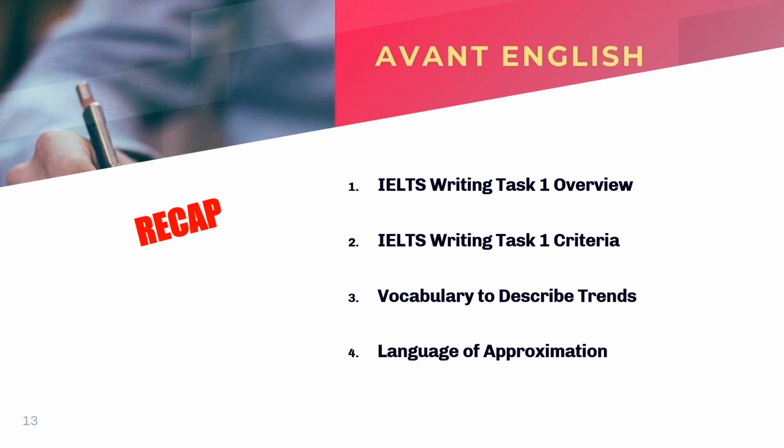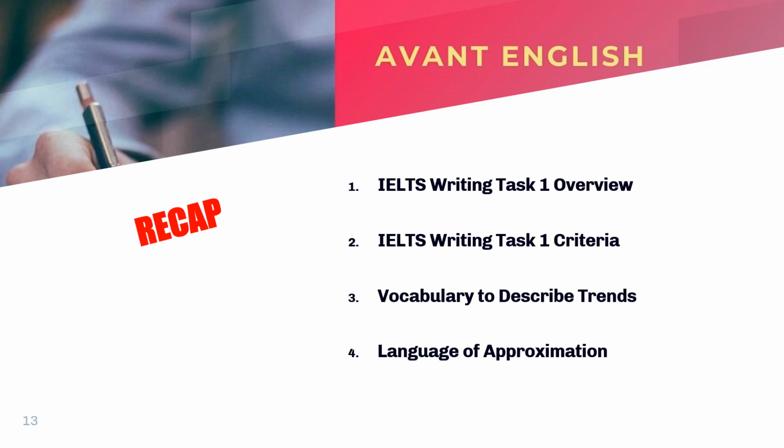Let's recap now what we've covered so far today. Number one, we reviewed an overview of writing task 1, using the correct format, how to read the graphs and charts, how to answer your introduction paragraph, your overall paragraph, and finding the 2 trends, 2 highlights, or 2 comparisons.